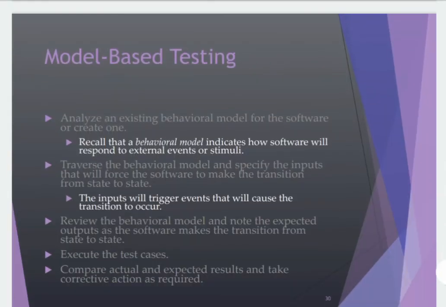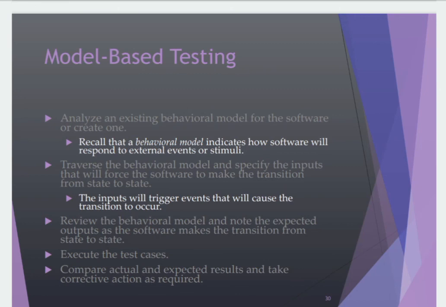Next one is model based testing. Analyze an existing behavioral model for the software or create one. Recall that a behavioral model indicates how software will respond to external events or stimuli. Traverse the behavioral model and specify the inputs that will force the software to make the transition from state to state.